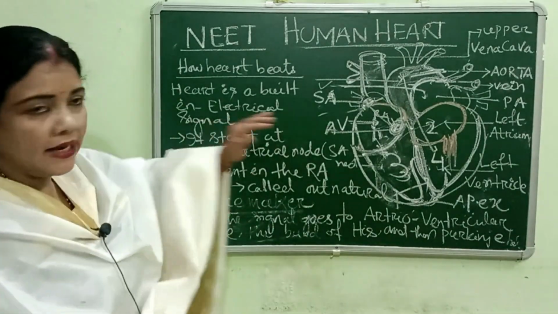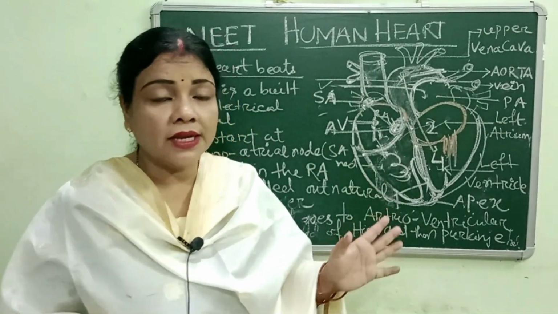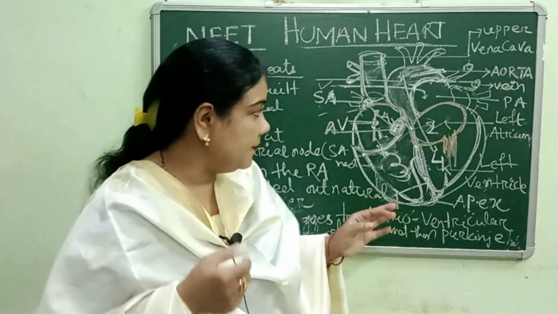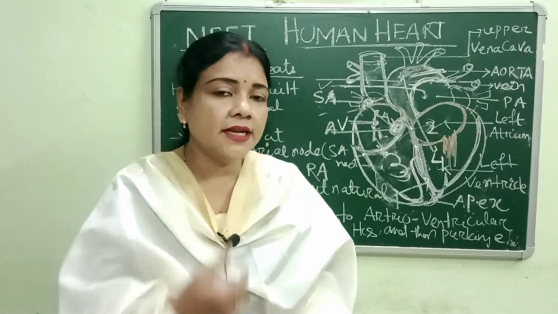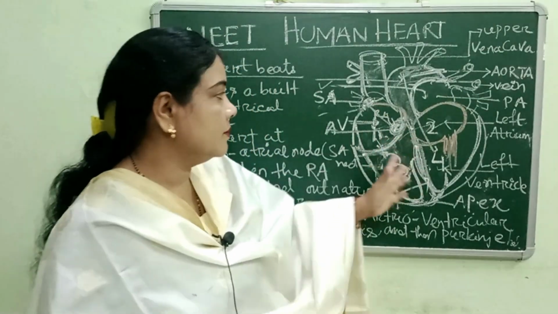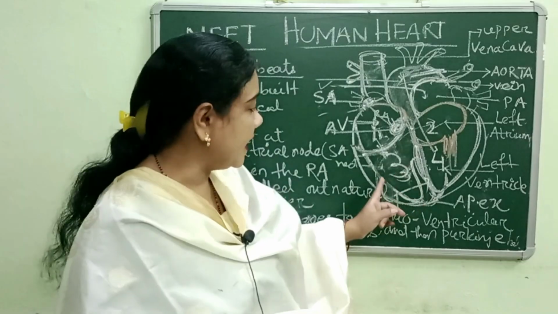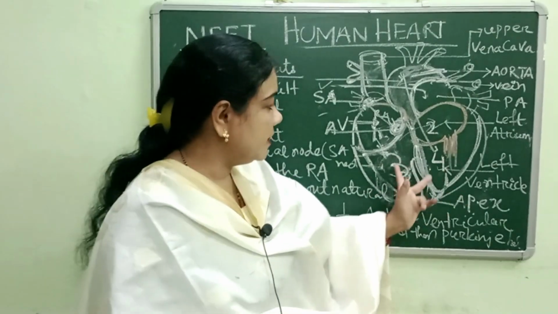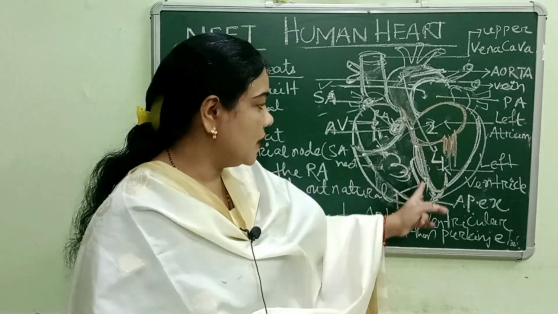Okay. The heart, again I am repeating, the heart is a four chamber muscular organ in our body. The heart is present just towards the left inside our chest. It basically has four chambers: right atrium, left atrium, right ventricle, left ventricle. The ventricles and the atrium are separated by some muscular wall.